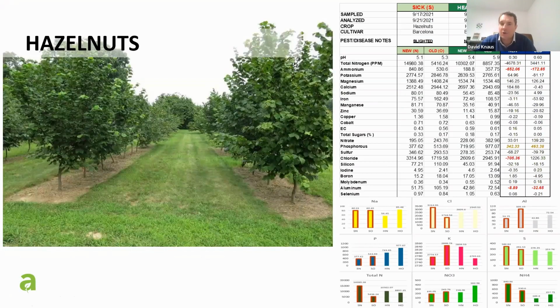Here's a hazelnut orchard that has a significant amount of aluminum stress in blighted hazelnuts versus non-blighted hazelnuts. Additionally, there's upregulation of ammonium in the blighted section to a pretty large degree, as well as significantly lower phosphorus in the blighted section.